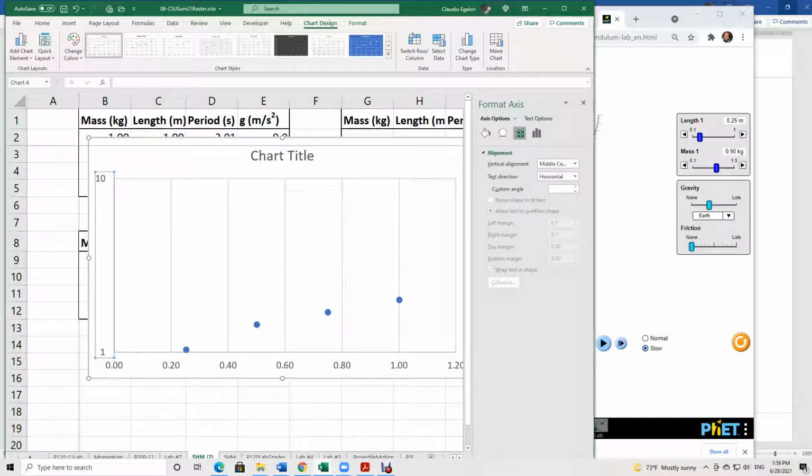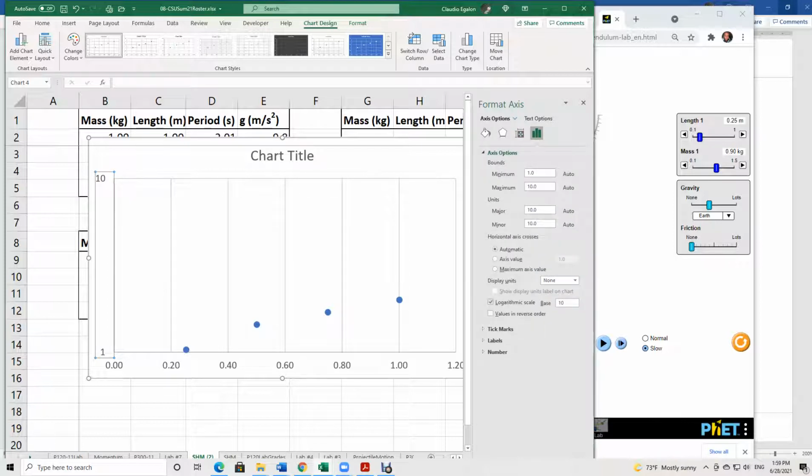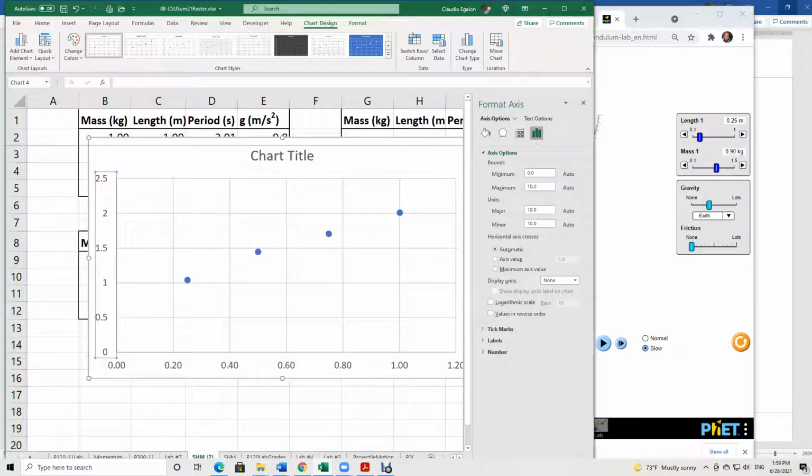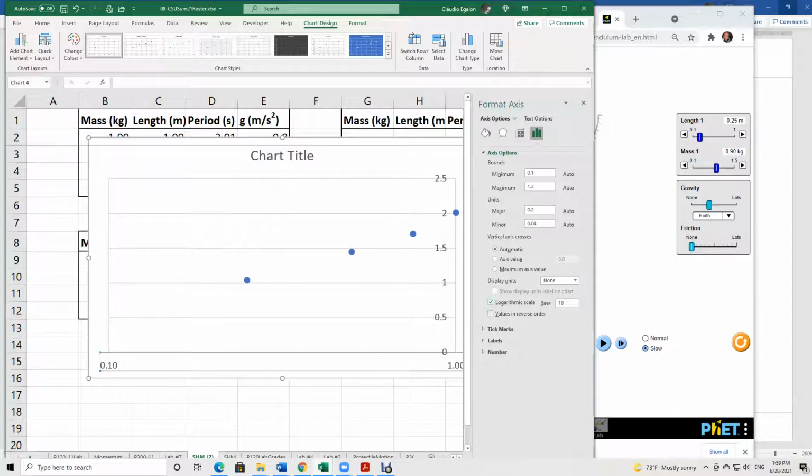Not this one. Here you go. Axis option. You want the log scale in the horizontal. Let's see what happens. Logarithmic scale. Yeah, when you do the logarithmic scale in the horizontal, you get something that's more of a straight line.